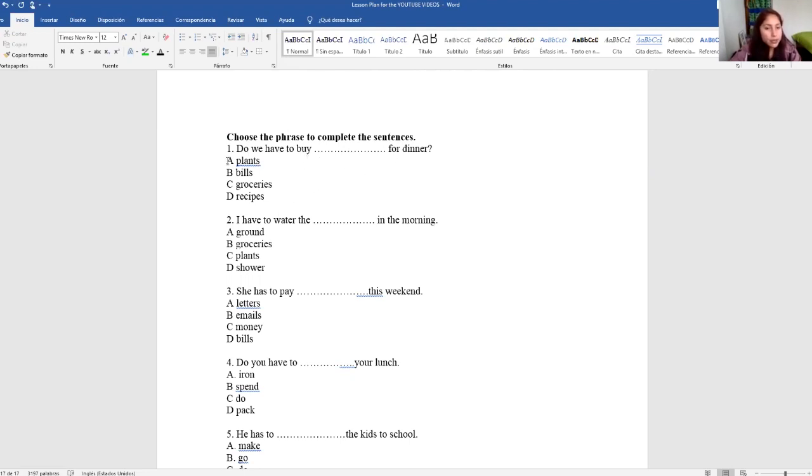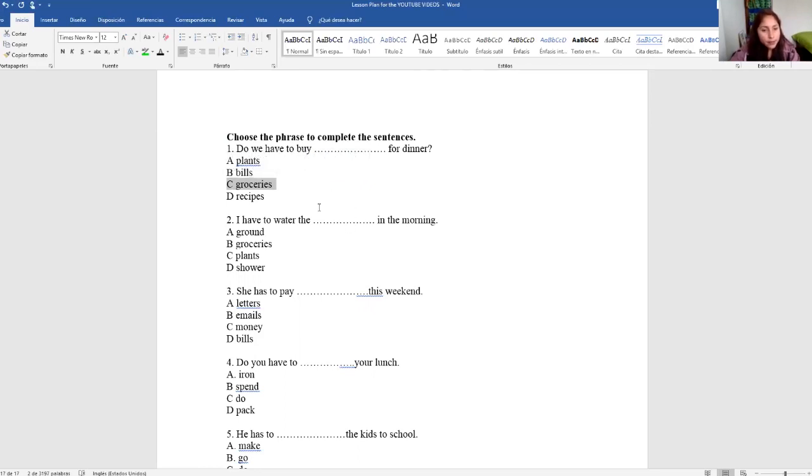Here, the students will have to analyze all the options and choose the correct one. In this case, the correct answer is letter C, groceries. Do we have to buy groceries for dinner?